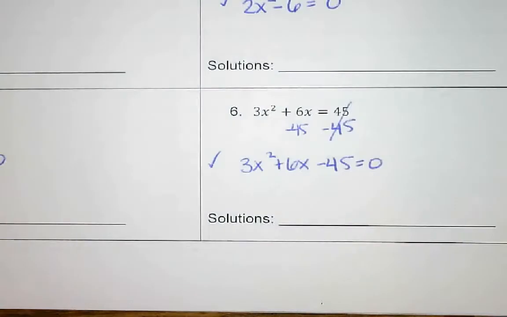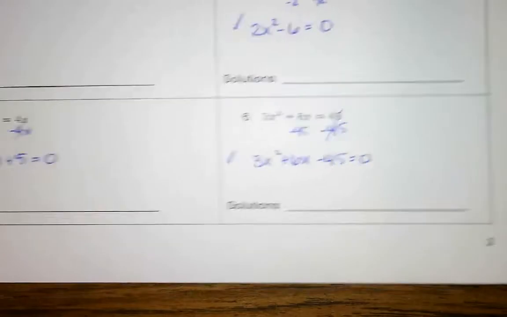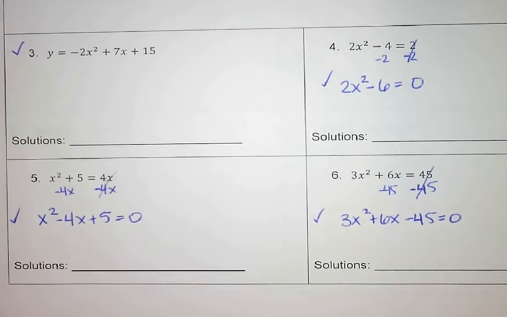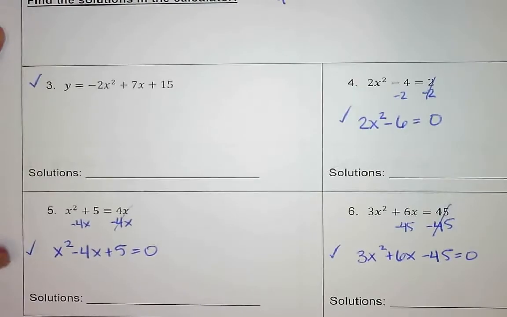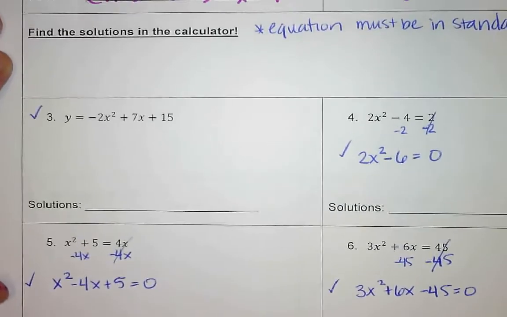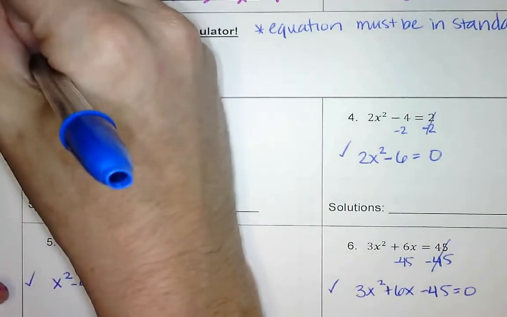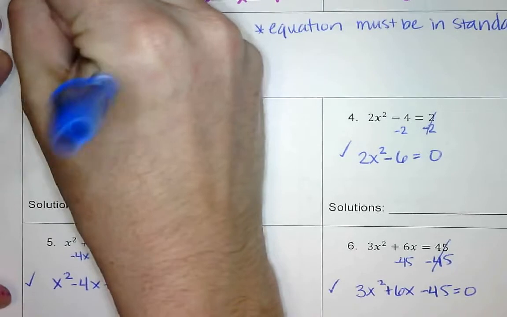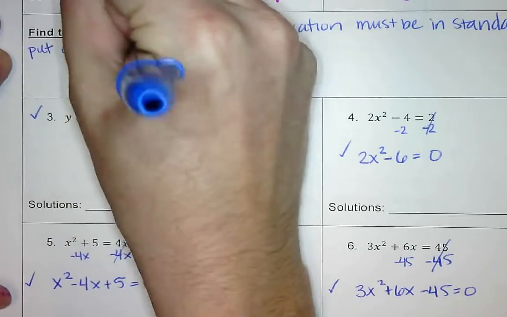All right. And so now I'm going to show you three ways to graph this, okay? The first thing you have to do is make sure it's in standard form. The second thing that you will always do is put the equation in y equals. So let's do that.